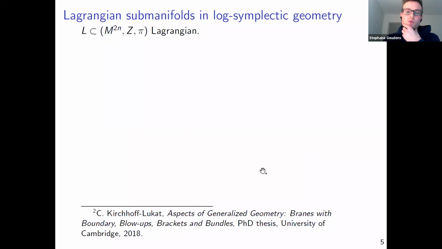Now, we want to look at Lagrangian submanifolds in log-symplectic manifolds, and we want to look at their deformations. And so the behavior will depend on how the Lagrangian intersects this singular locus.